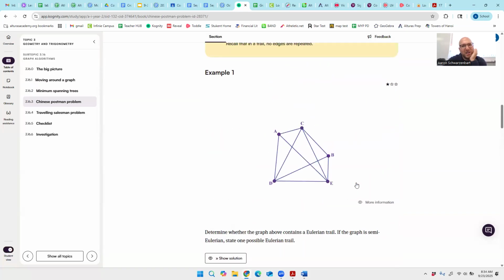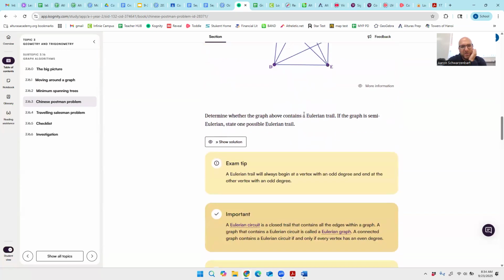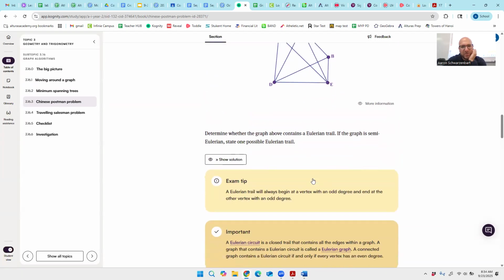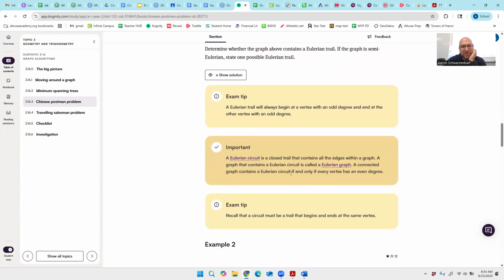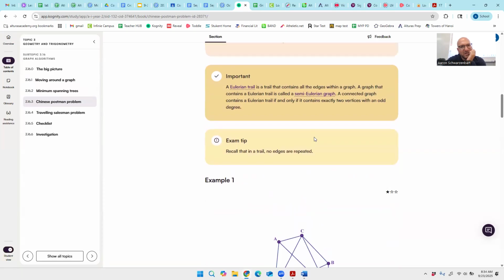So, a connected graph. Maybe you can't be connected. No, both of them say a connected graph. At the beginning.